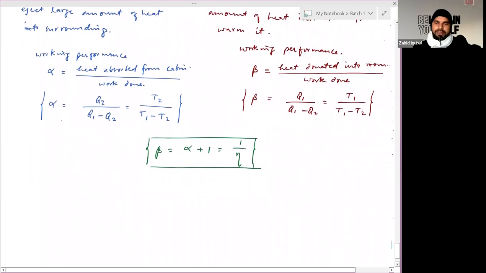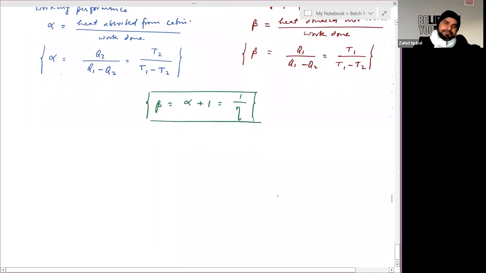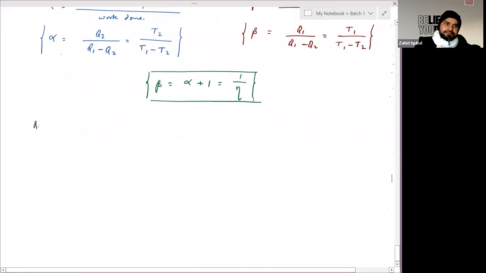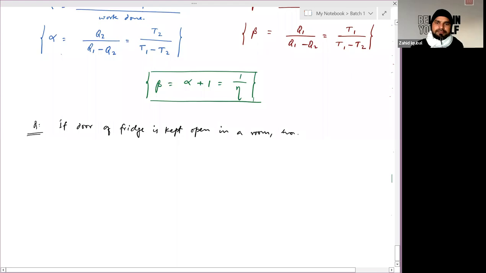Now, related to this part, there will be a subjective question. If the door of a fridge is kept open in a room, how will the temperature be affected?